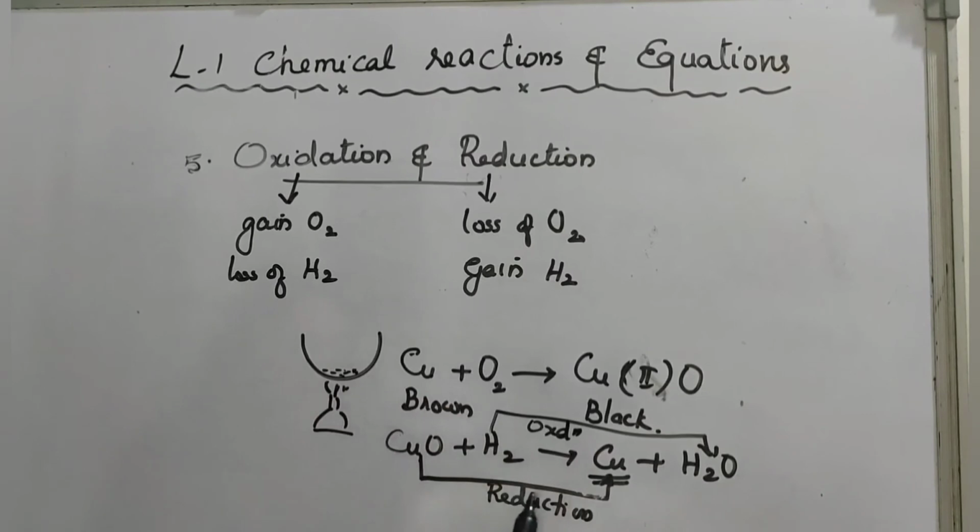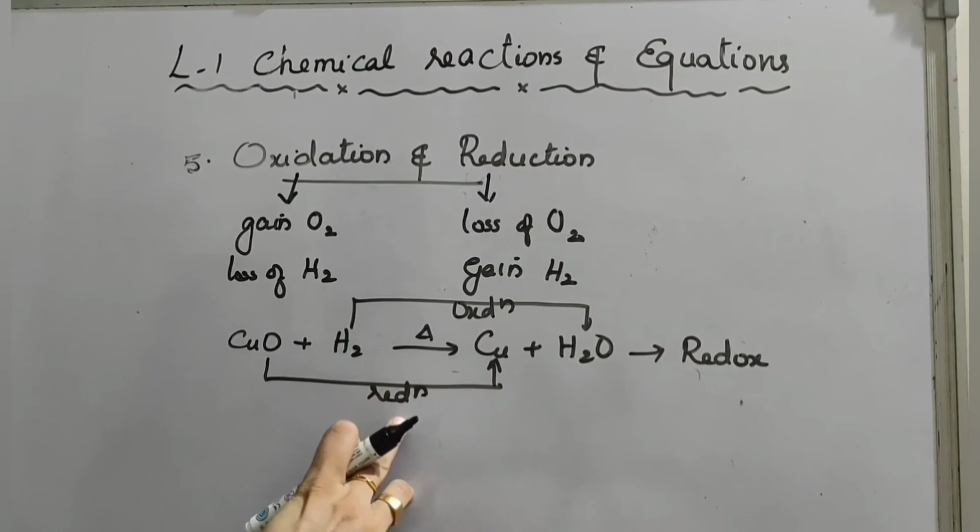So in this reaction, oxidation and reduction take place together, so we call it a redox reaction. Oxidation and reduction taking place in a single reaction is known as a redox reaction.